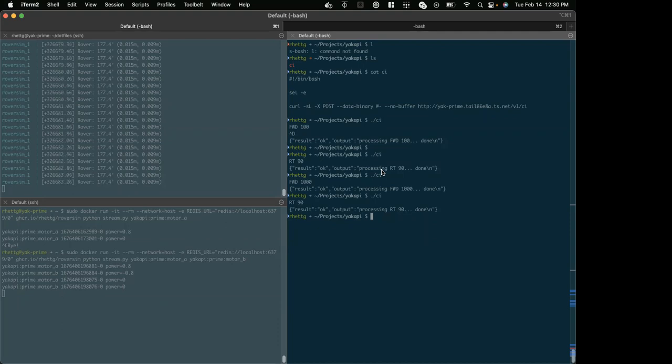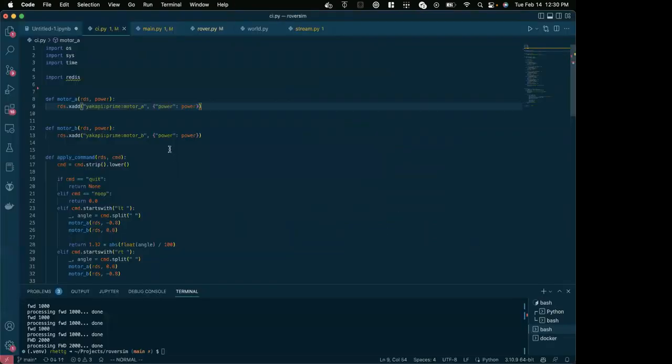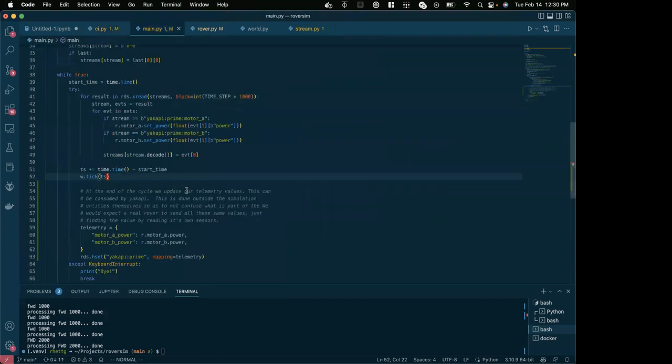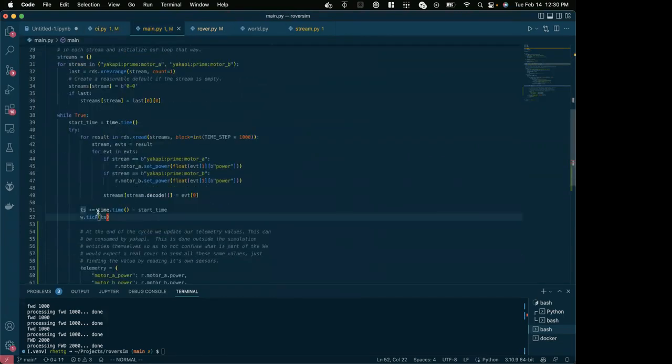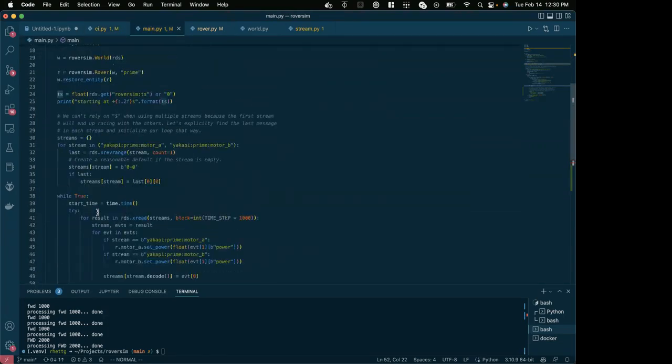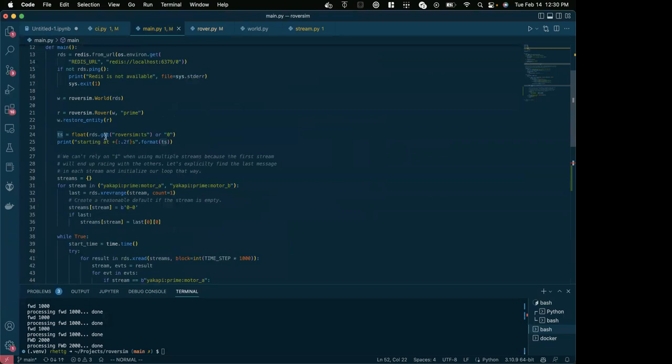For example, the first thing I did was add a timestamp. It actually starts off at the timestamp that it left off at. There's one key, roversim ts, that is the last timestamp where it left off.